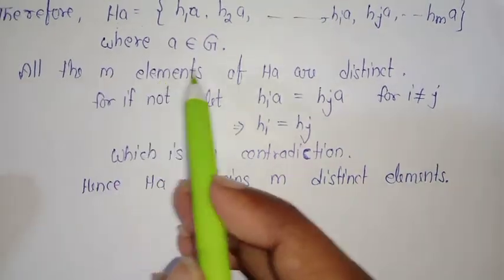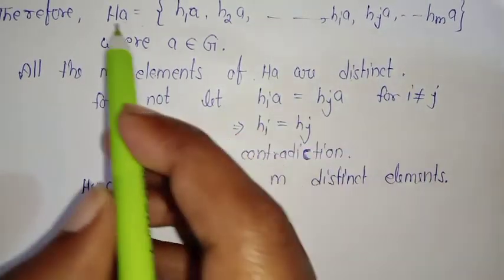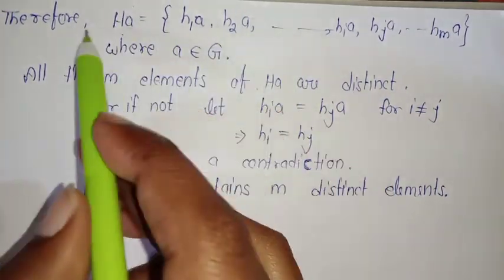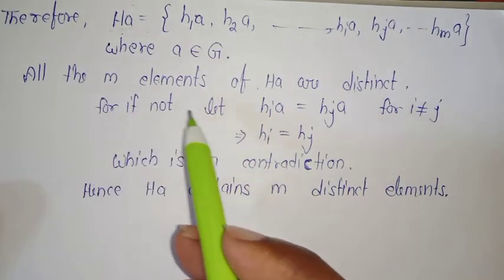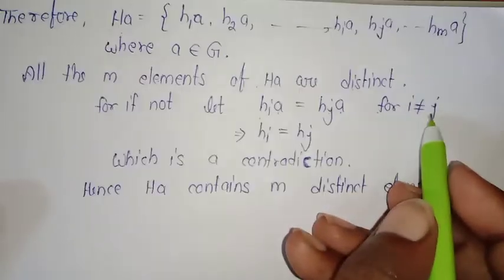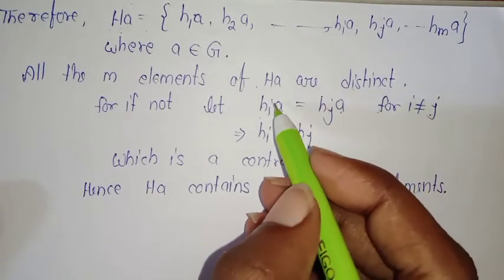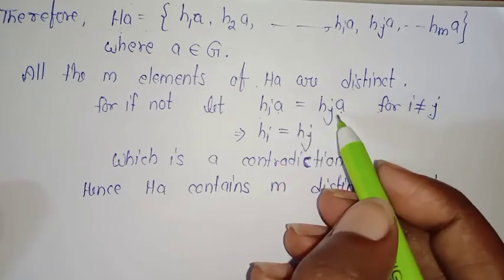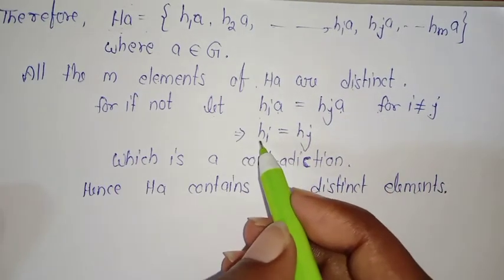Now all the m elements of Ha are distinct. These elements of Ha should be distinct, because if they are not distinct, in that case we find hia equals hja for i not equal to j. In that case, by the right cancellation law, a gets cancelled by a, and so we get hi equals hj.